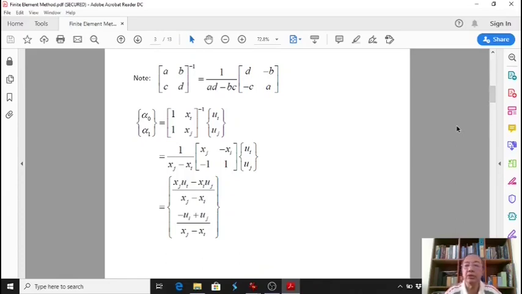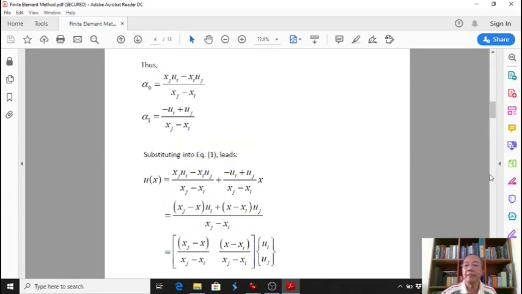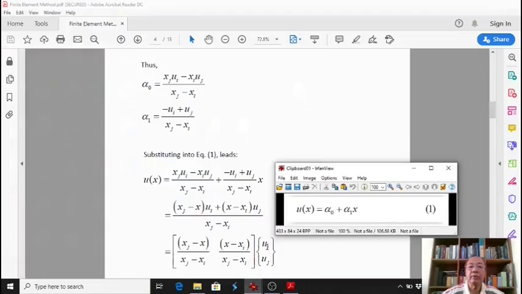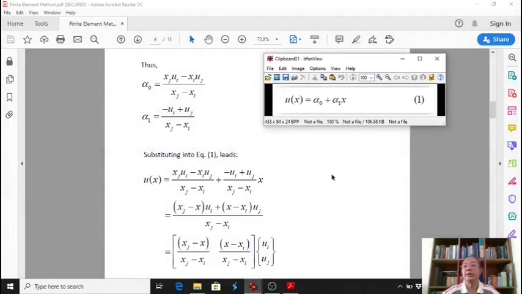Okay, alpha 0 and alpha 1 can be simplified here from the last slide. So alpha 0 equals this, alpha 1 equals this. So we substitute this alpha 0 and alpha 1 into equation 1. The alpha 0 we found just now, we substitute to this, and this we substitute to alpha 1 here.